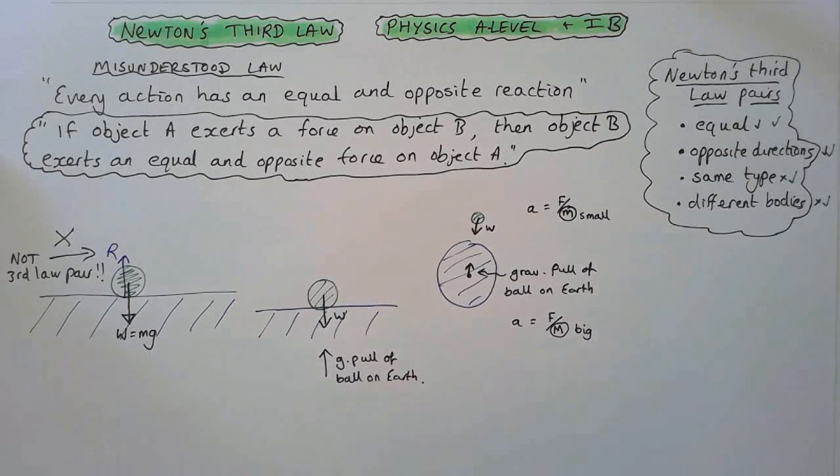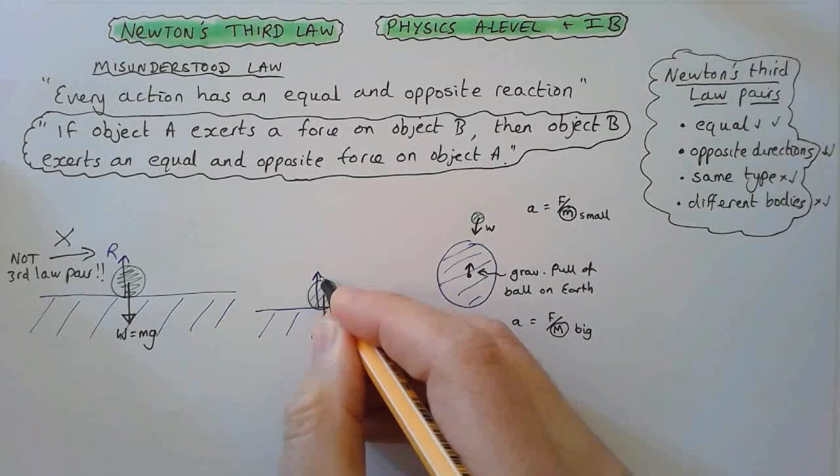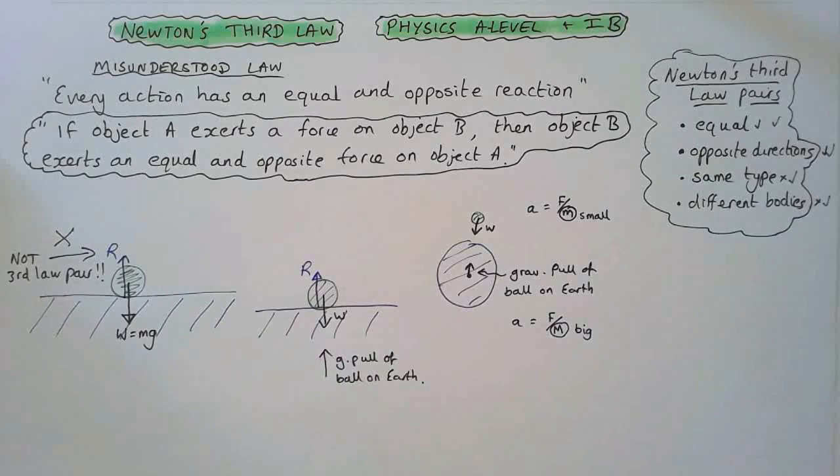We still need to think about the reaction force though, because that does exist. So now it's in contact with the Earth again, we do have a reaction force, and because they're not moving, it is equal in size to the weight. But what is its pair then? Because it can't just be on its own according to Newton's third law, it must have an equal and opposite reaction. Well, the reaction force is a contact force.